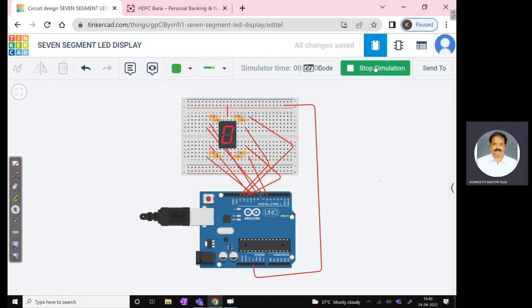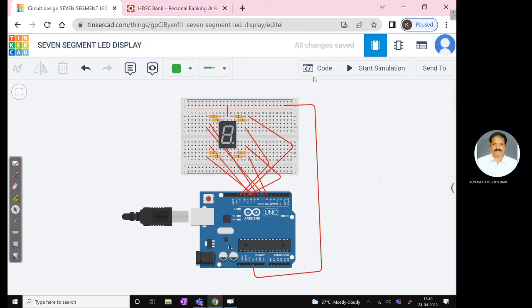Start simulation: 0, 1, 2, 3, 4, 5, 6, 7, 8, 9, A, B, C, D, E, F, and the count is 0 again.